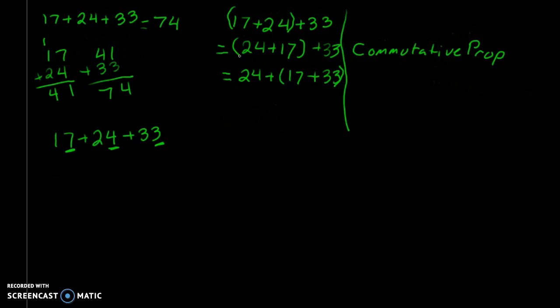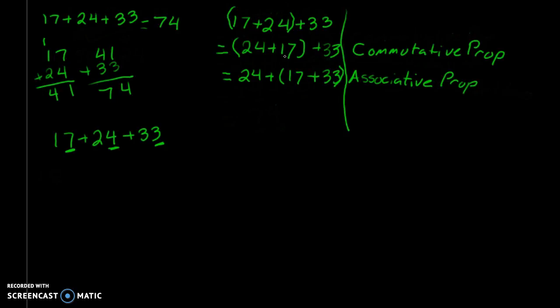And the reason why we're able to shift these parentheses down, shift our focus down to these two numbers, is the associative property. The associative property says we can add any combination of two numbers first, and it'll still get us the same sum as any other combination of two numbers first.